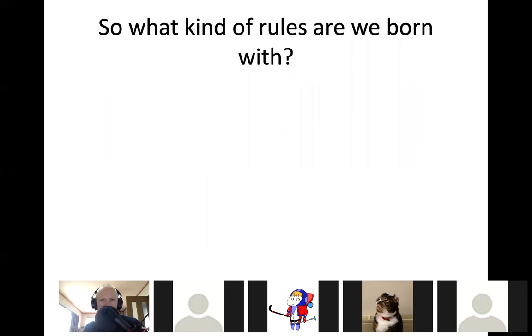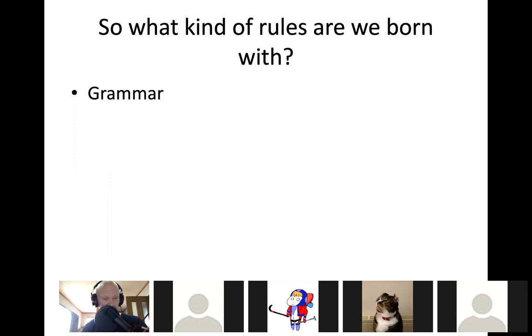So what kind of rules are we born with? Now, these would have to be grammar rules, according to Chomsky. Rules of grammar are built into our brains when we're born. This was the innateness hypothesis.